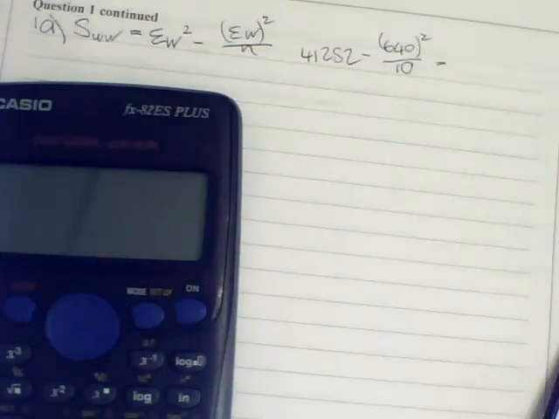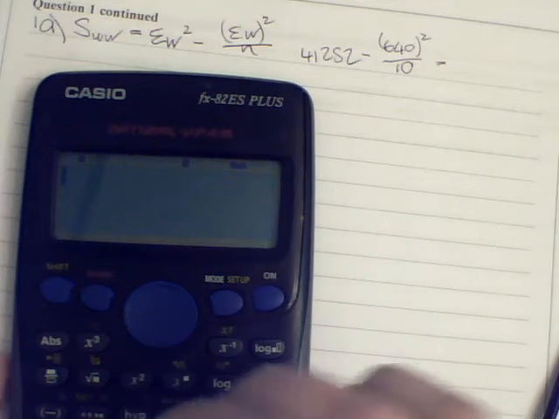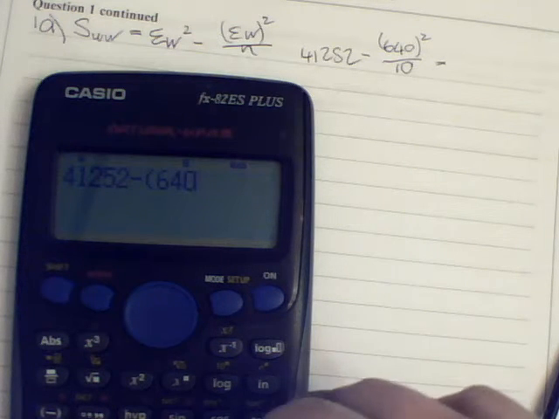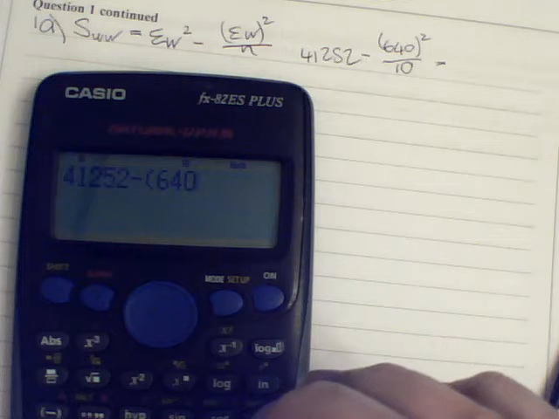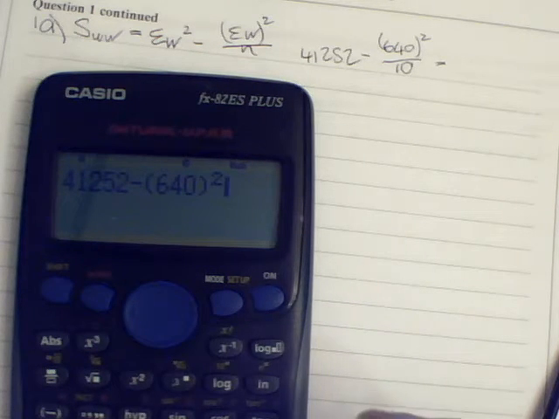Okay, so we're going to go with 41252 minus brackets 640 bracket squared.